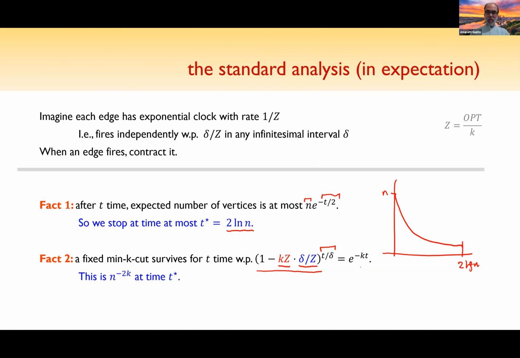So a fixed min cut survives with this much probability. You're just asking: what is the probability that a fixed min cut survives 2 log n steps? This is n to the minus 2k, because you just plug in t equals 2 log n.